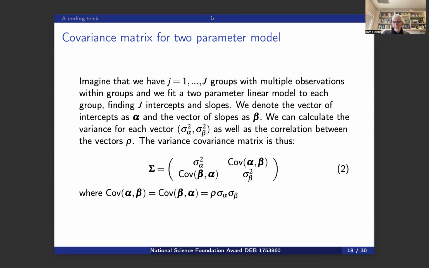So we can calculate the variance for each of those vectors and then the correlation between them as rho. The variance-covariance matrix is thus the variances on the diagonal and the covariances symmetrically on the off diagonal.